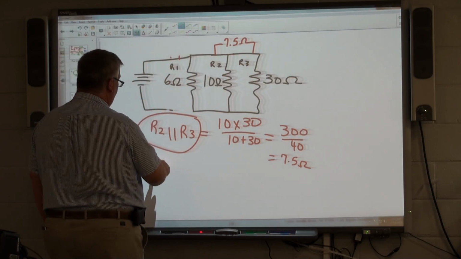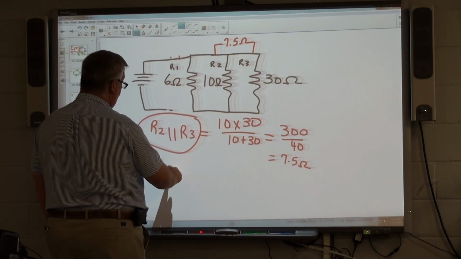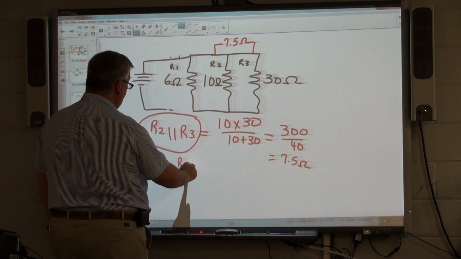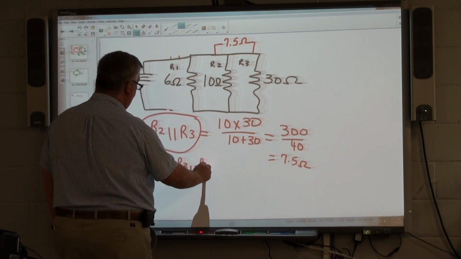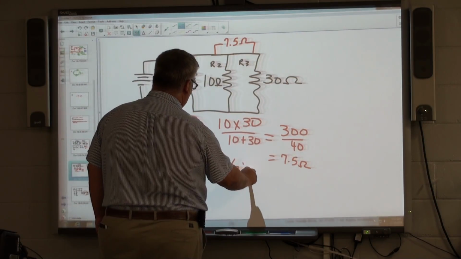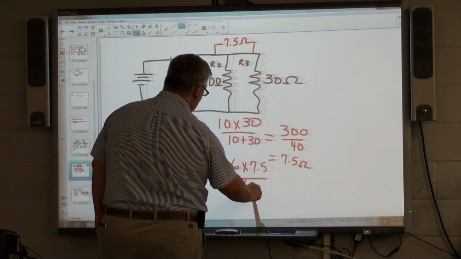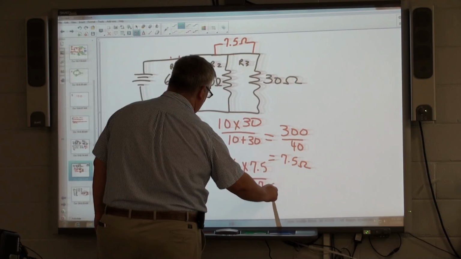Now I can do product over sum of that one. I can do R1 in parallel with R2 in parallel with R3 is equal to 6 times 7.5 over 6 plus 7.5.